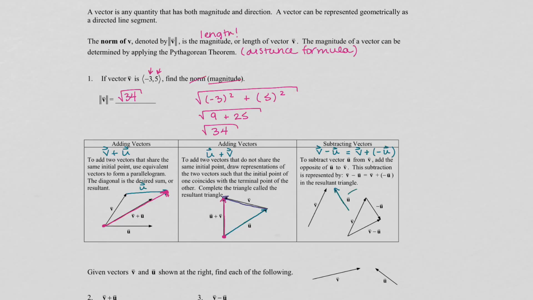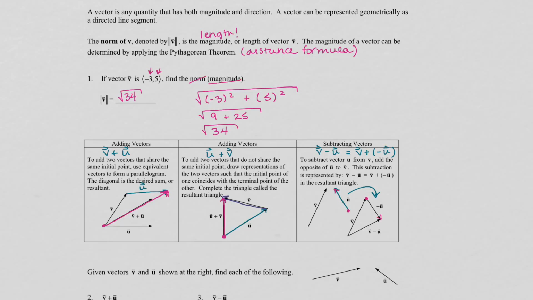And then when we go to do the subtraction, what they've done is that they flipped the beginning and ending points on u. So u started at the bottom and ended at the top with an arrow. Now u starts at the top and ends at the bottom with an arrow. And so what they did is they flipped u, made it negative. And then they put the initial point of u at the terminal point of v, right?